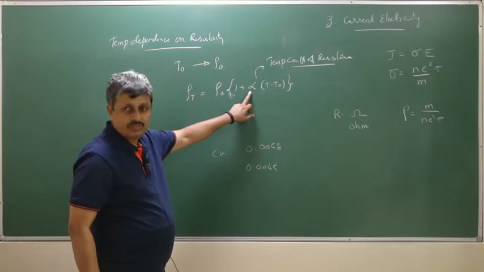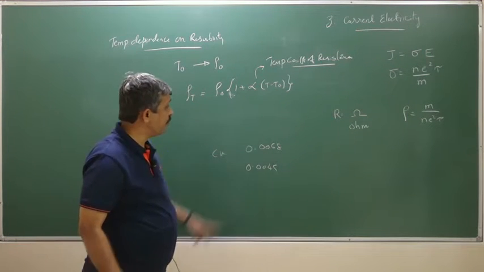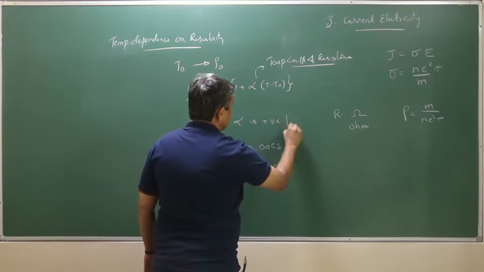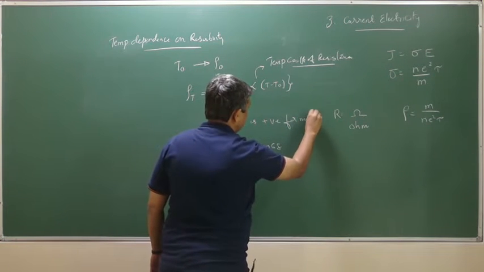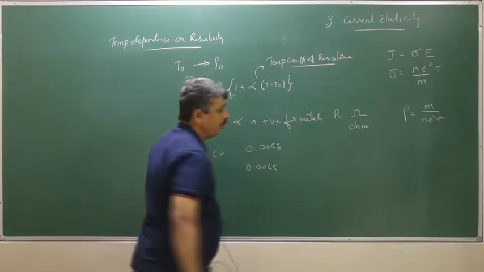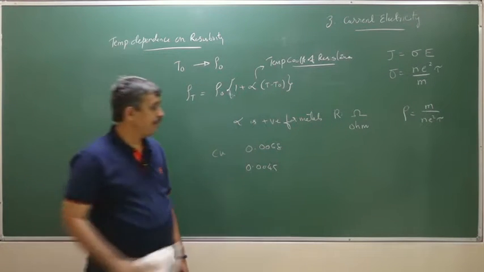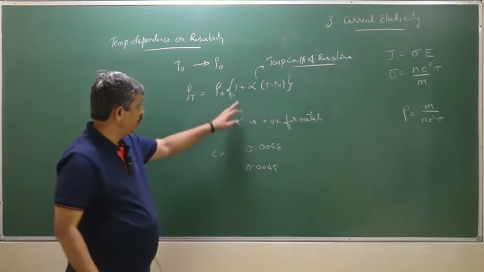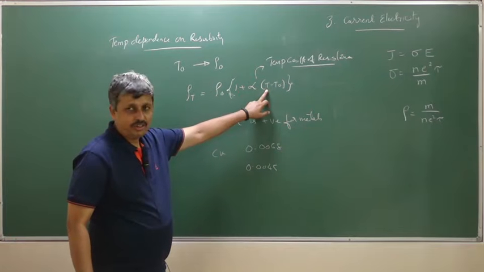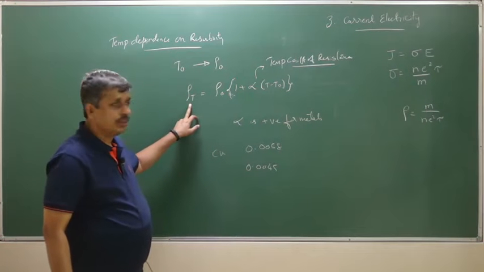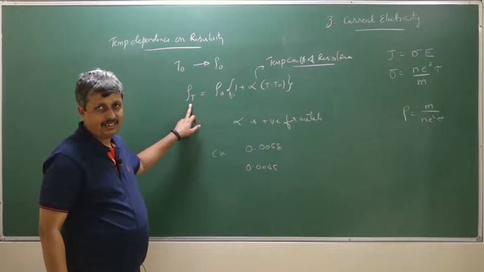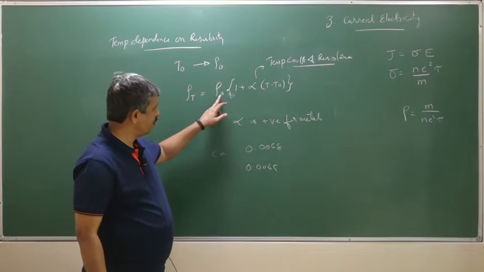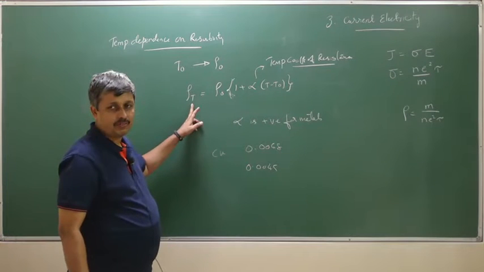Alpha is the temperature coefficient of resistance. Its value is positive. Alpha is positive for metals. Positive means that when you increase the temperature, rho T will also be higher. If alpha was negative, then it will subtract from the original and hence you will get a smaller value.